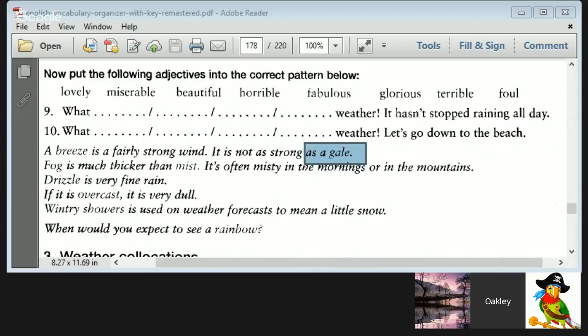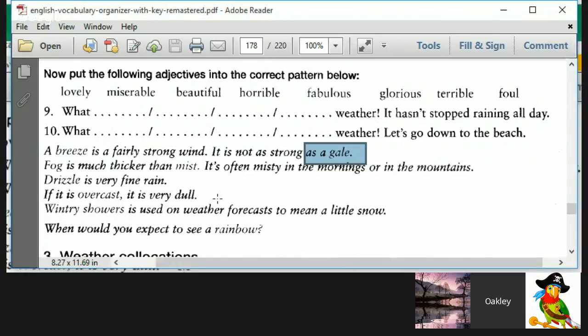A gust of wind, one sudden push. So if it's gusty, that means the wind comes and goes, comes and goes. So again, for Americans at least, light gusts of wind, strong gusts of wind.